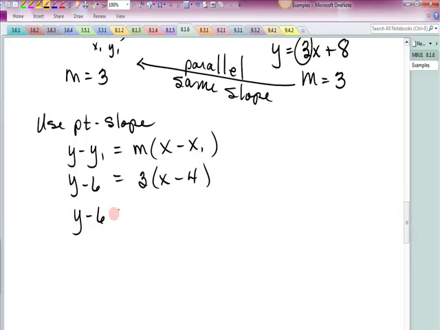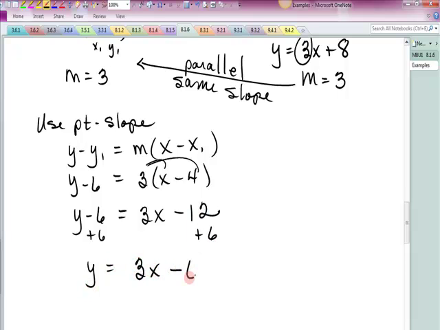This one I'm getting in function notation. I'm getting y equals 3x minus 12, add 6, and y is equal to 3x negative 12 and positive 6 gives me negative 6. And this right side is all you'll have to type in because it says f of x equals.